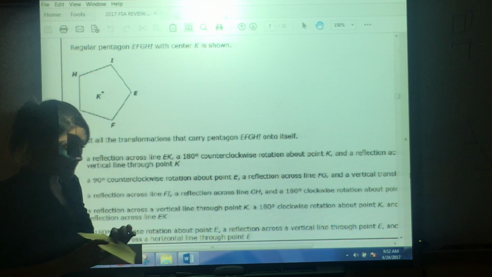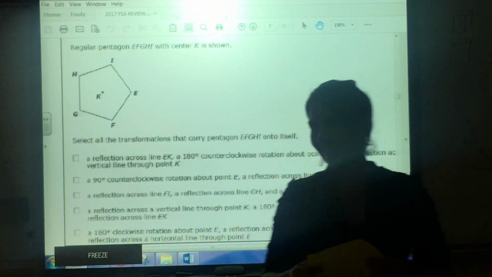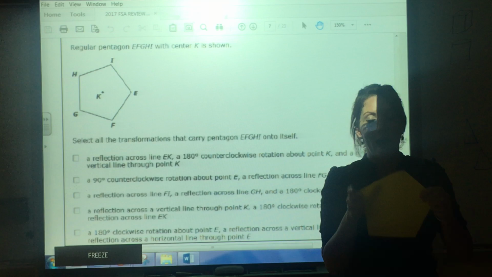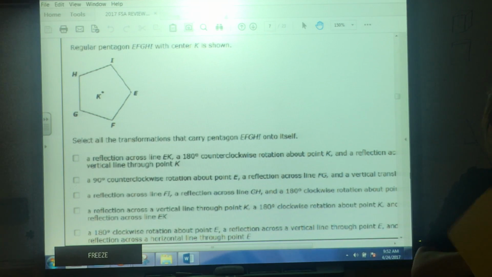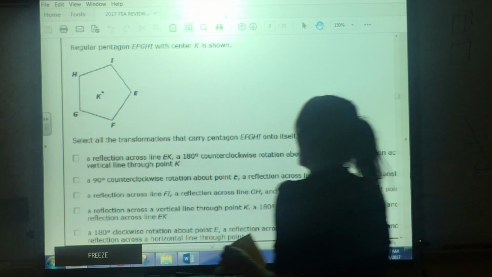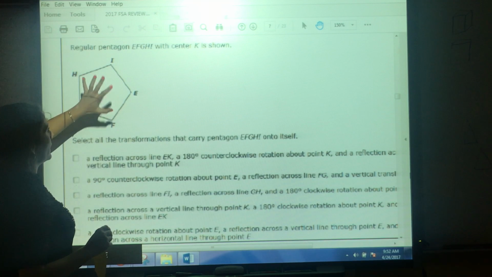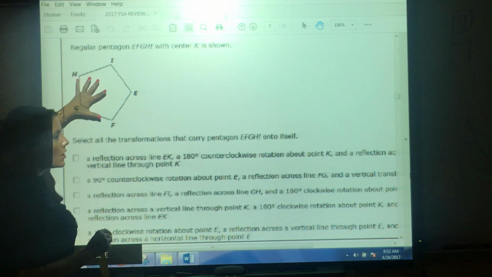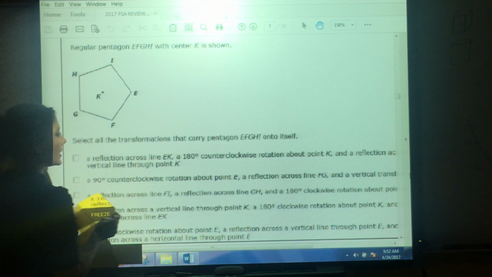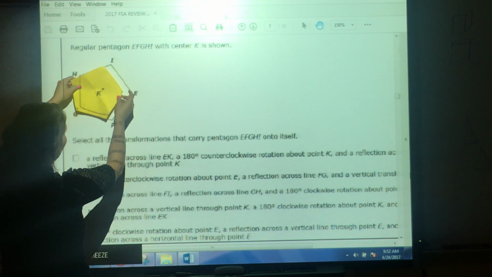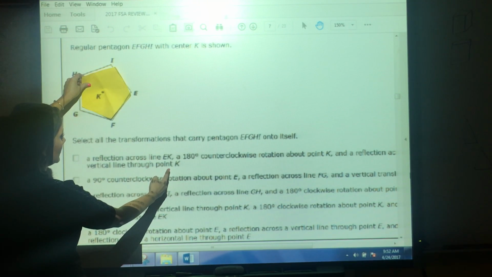I know you don't have scissors, but take a piece of paper, rip it out, fold it, make yourself something, okay? It wants us to select all the transformations that carry this onto itself. So we've got to test it out. First things first, a reflection across line EK.